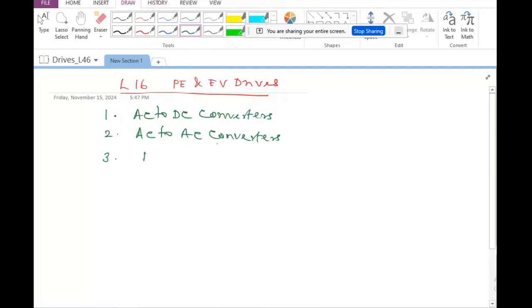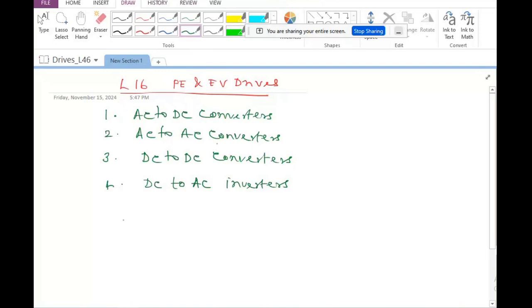After that, we had looked at DC to DC converters, under which we had looked at both isolated and non-isolated converter topologies. Then finally, we concluded the topic of power converters with DC to AC inverters. So these are the different classifications of converters which we had taken a look at.